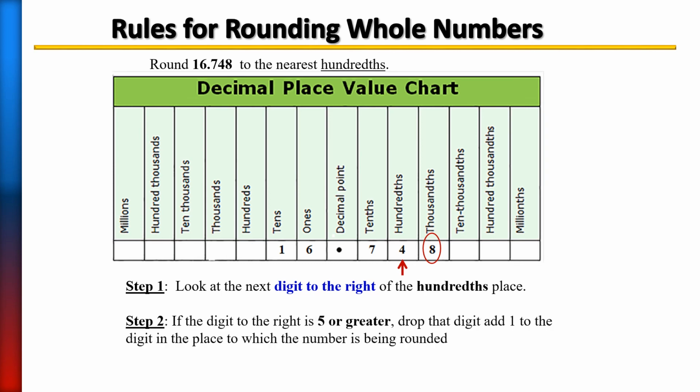So drop the 8, and add 1 to the 4, which makes it 5, so it rounds to 16.75. Again, if the digit to the right of the number being rounded is 5 or greater, drop that digit and add 1 to the digit being rounded.